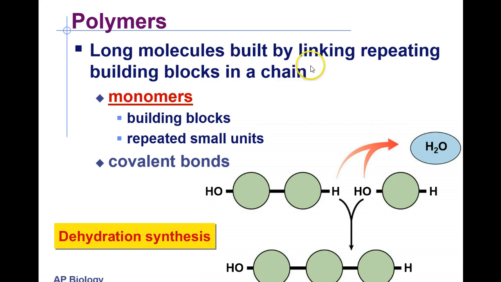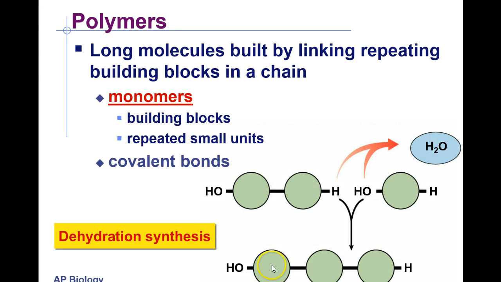This is a little background that will apply to all of the polymers, aka the macromolecules that build living things: carbohydrates, proteins, lipids, and nucleic acids. So some of the simple rules that go behind building and tearing these things down.